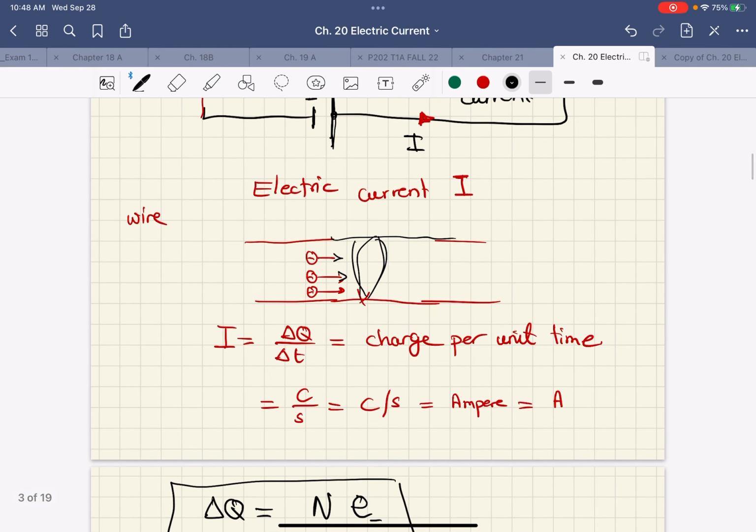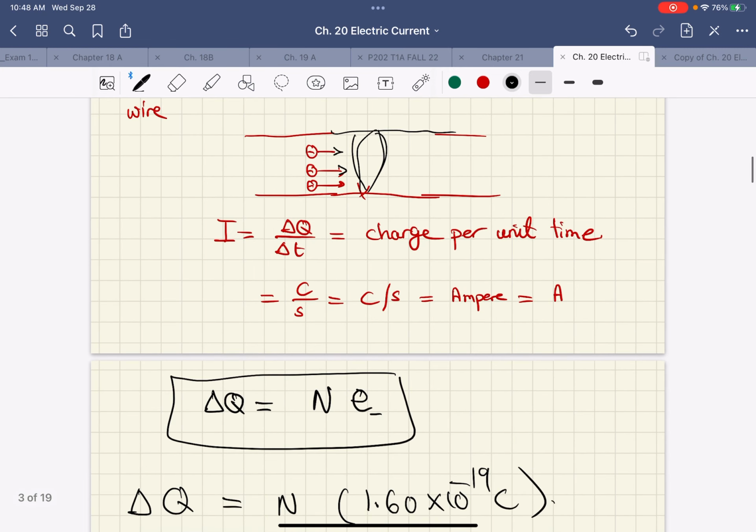The first definition for calculating the current is charge per unit time, which means you divide the total charge by time, and therefore I can define the unit for current to be coulombs per second, which is amperes. The ampere is the standard unit for current, and this is one of the basic SI units in the SI system.